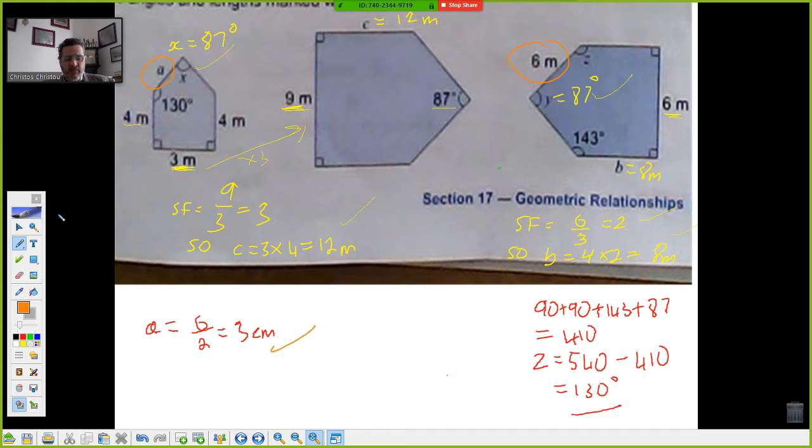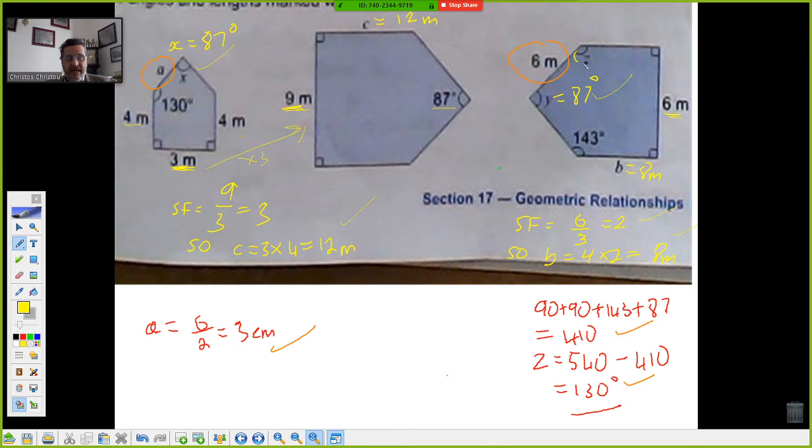Now we agreed this was a pentagon, and if that's 143, that's 90, that's 90, that's 87 because he says so. And I add all that up, I get 410, as Tyne agreed with me yesterday. When you subtract that from 540, I get 130. So here's the mysterious thing that really threw me.